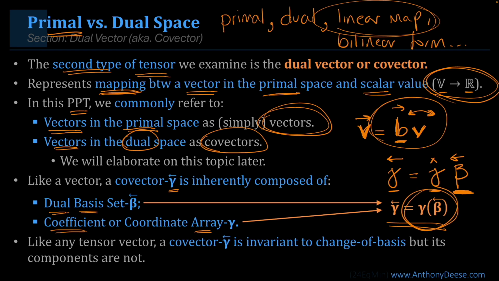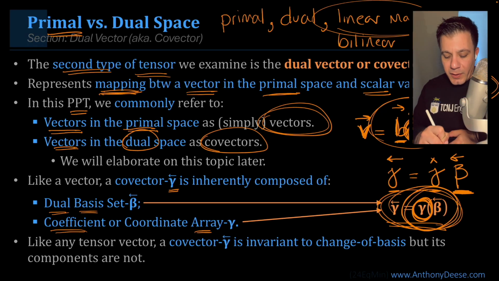Over here we have the covector's coordinate array and then the dual basis set. The reason these are reversed, as we'll see in a second, is that this vector array is a column type, and this gamma will end up being a row-oriented array, and so it only works if we reverse them in this way.